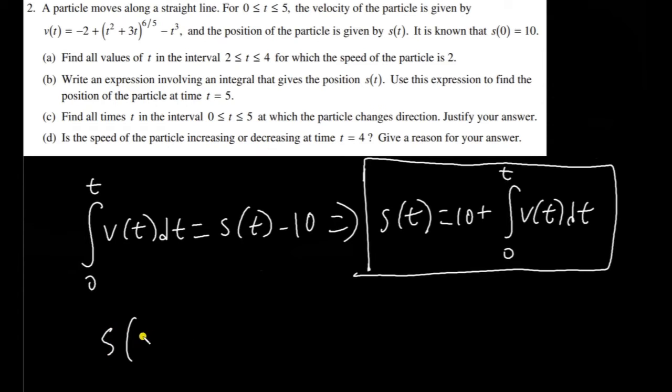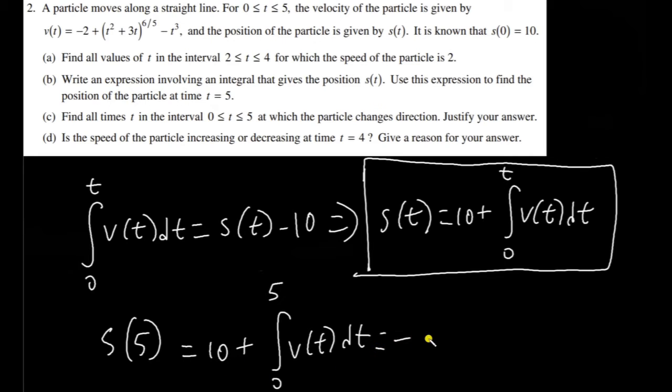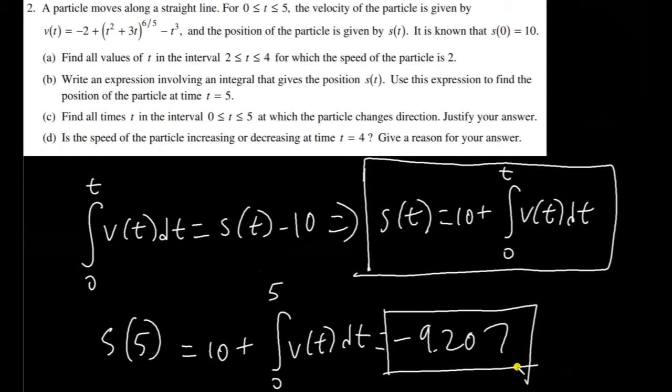So s of 5 is going to be 10 plus the integral from 0 to 5 of the velocity. Okay? So if you put this in your calculator, you're going to get negative 9.207. Okay? This was a 2-point question, 1 point for the correct expression, and 1 point for the correct answer for s of 5.